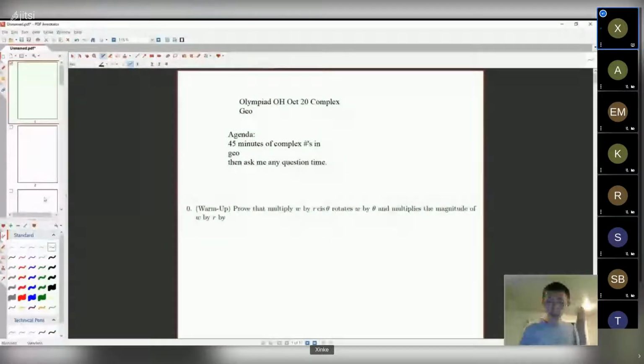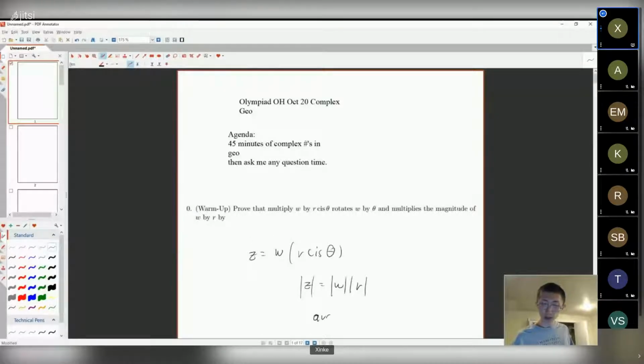The main theorem is that if you have W and you multiply it by r cis theta, let's say this is Z, then Z will have magnitude the magnitude of W times r, and the argument of Z will be the argument of W plus theta.